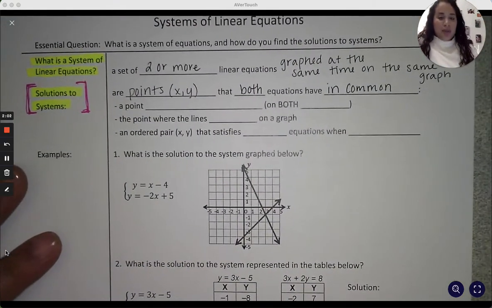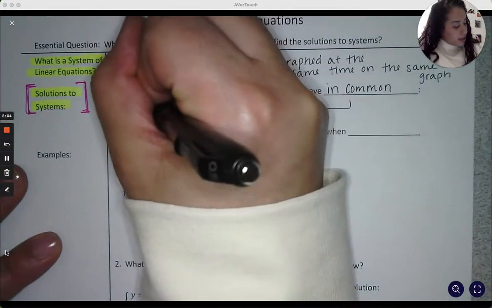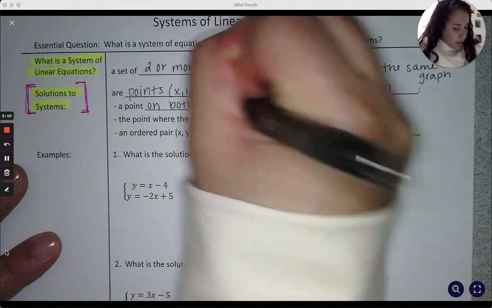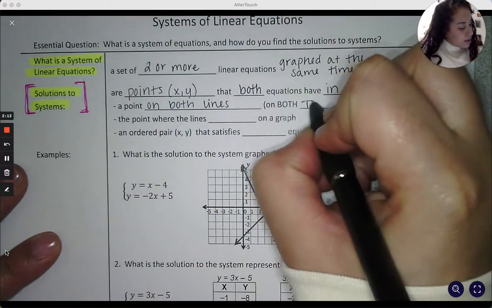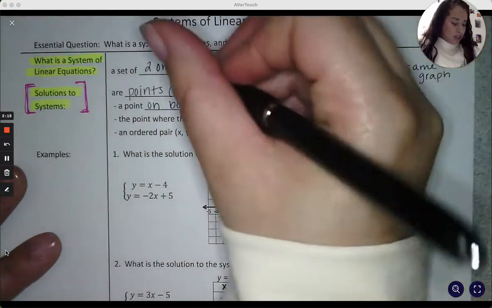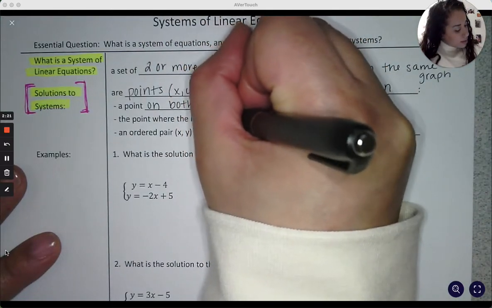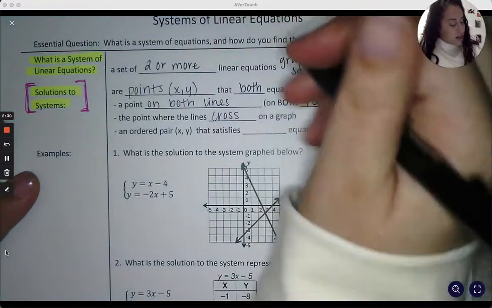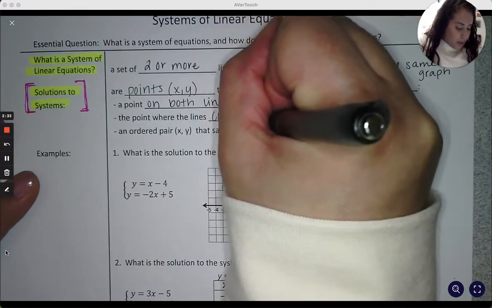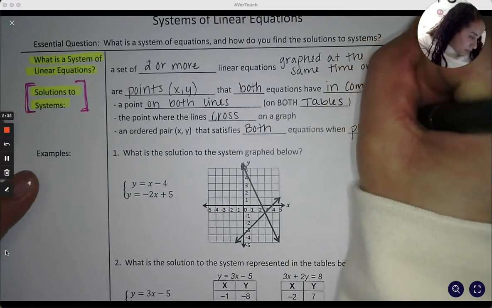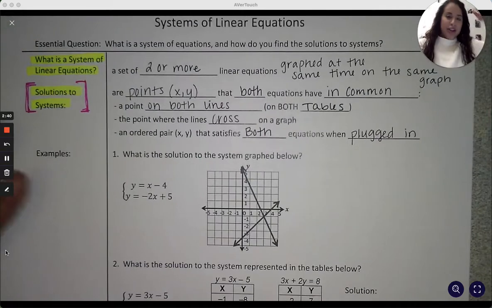Okay, so specifically a point on both lines, or on both tables, a point where the lines cross on a graph, so like where they intersect. So if two lines intersect, solution, done, woohoo, okay. An ordered pair that satisfies both equations when plugged in. And we'll talk a little bit more about that later, okay?